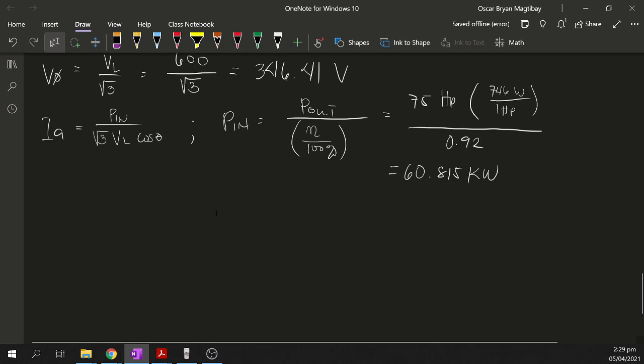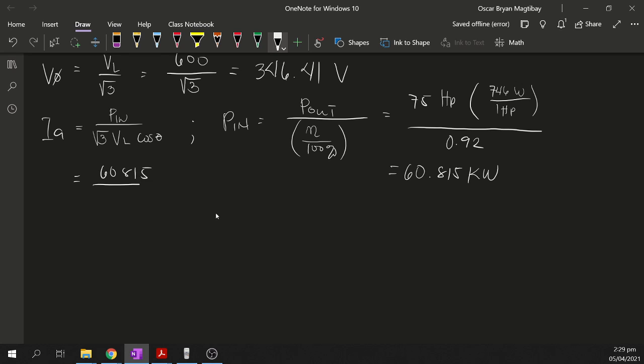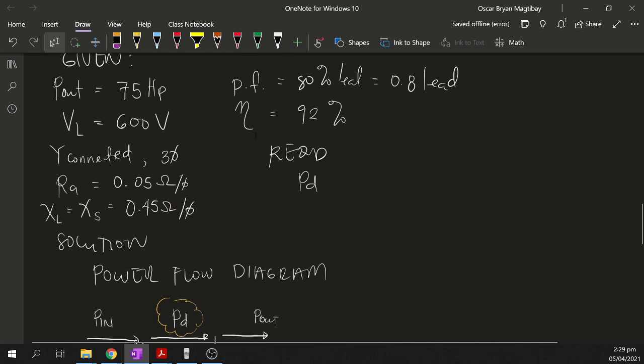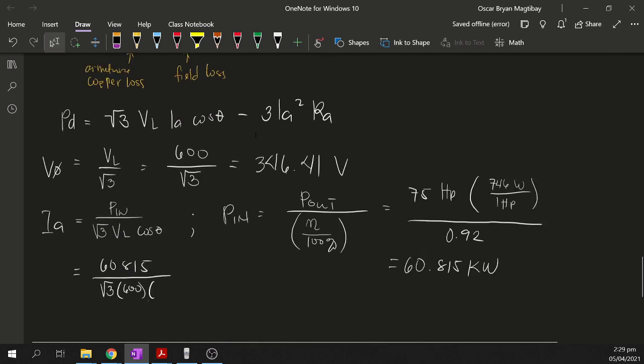Okay. Then, ang IA natin ngayon, makukuha na natin 60.815 over square root of 3 times 600. Then, cosine theta. Ano bang cosine theta natin? 0.8.